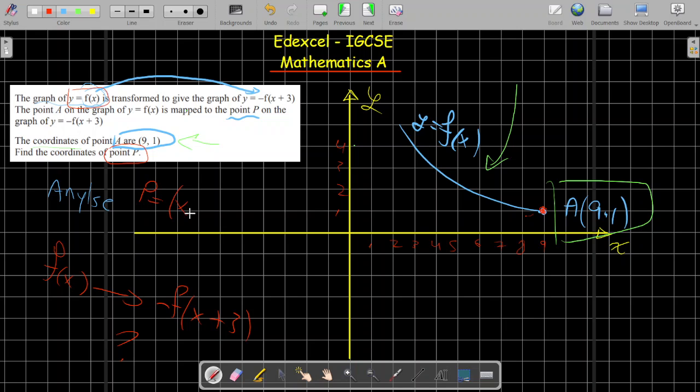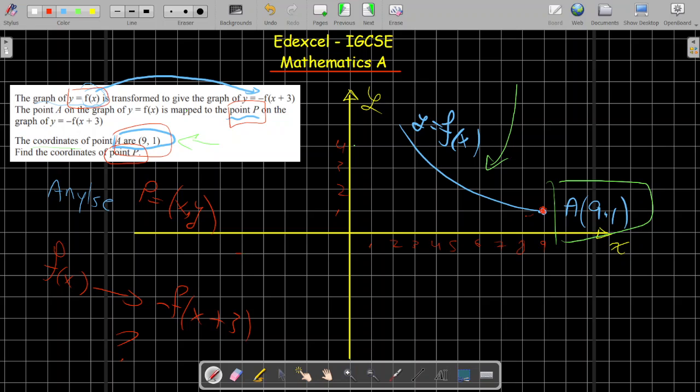P is an unknown point, and P, by the way, is a mapping for point A. What is the meaning of mapping of point A? It means that it's the same as point A on the graph y equals f(x), but on the new graph.